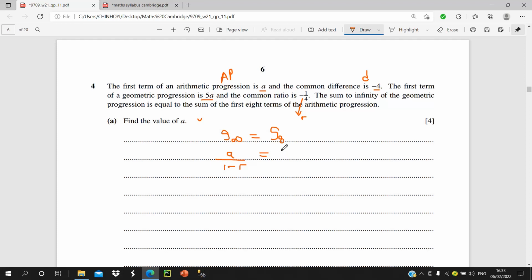So it's half n, then we have 2a, then plus n minus 1 d.